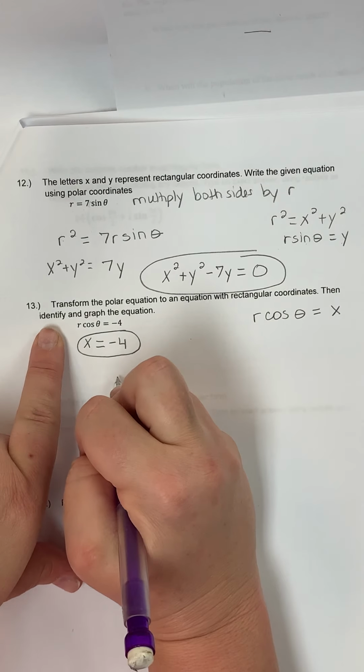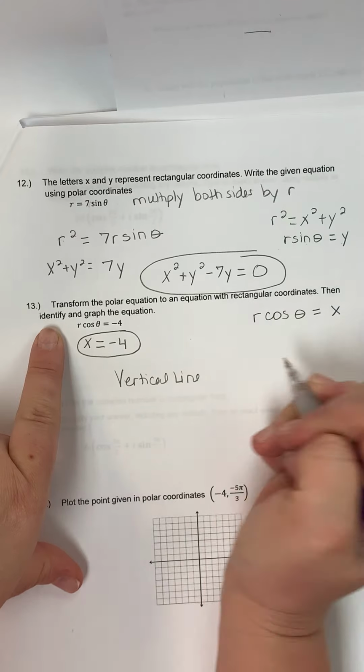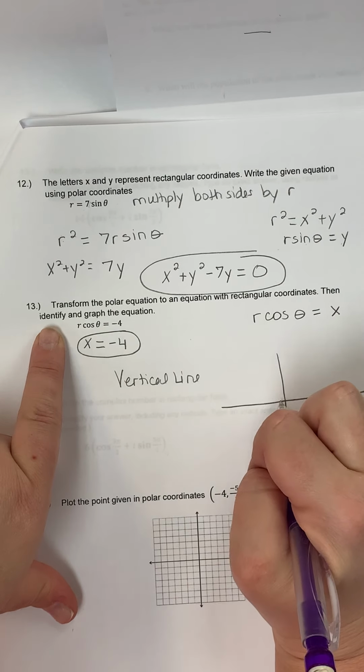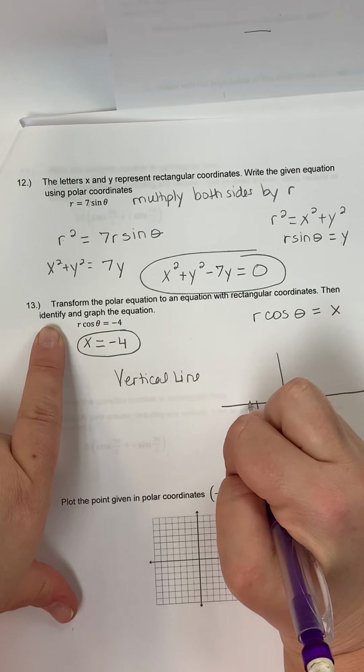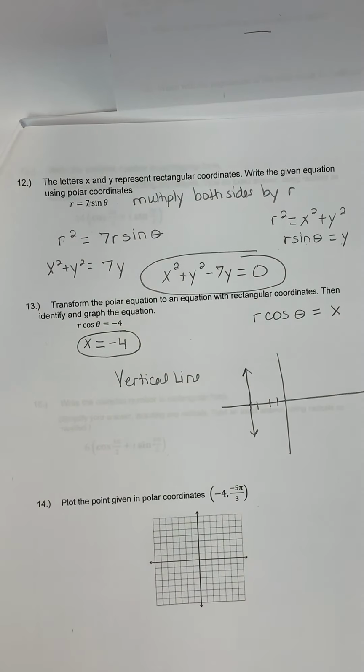If I were to identify this, that is a vertical line. And if I were to graph it, I have a vertical line right there at x equals -4.